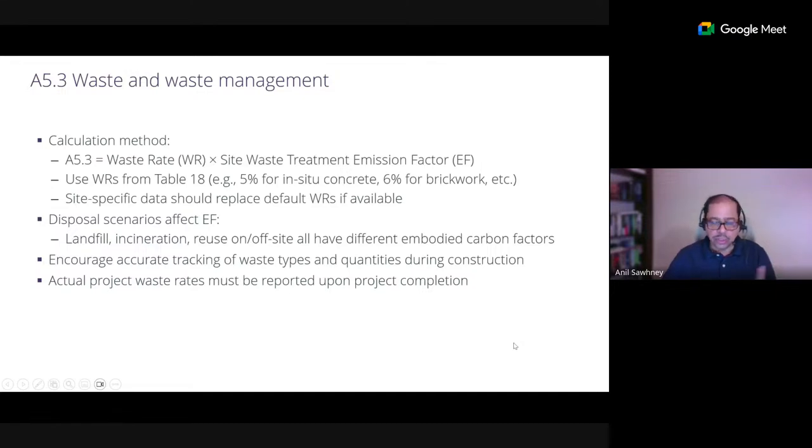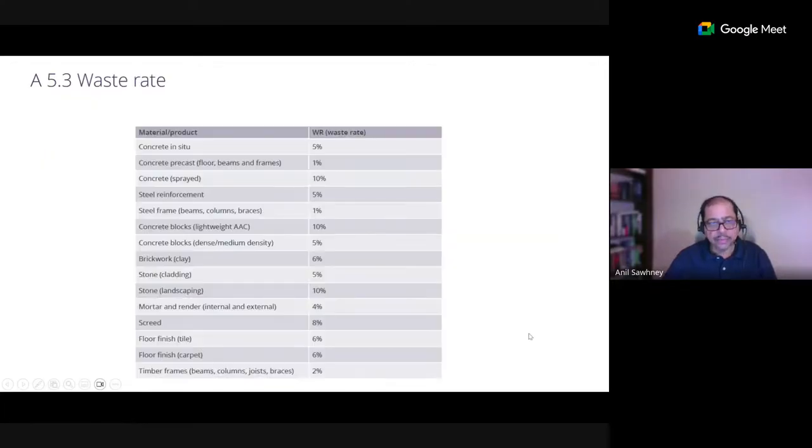Many jurisdictions require you to fill a waste card or piece of information that tells you what happened, where this waste is headed, and so on. So if you look at the standard, you will see WR provided. It's a much longer table. I've just given you a brief snapshot of what typically is considered as a waste rate for your project.